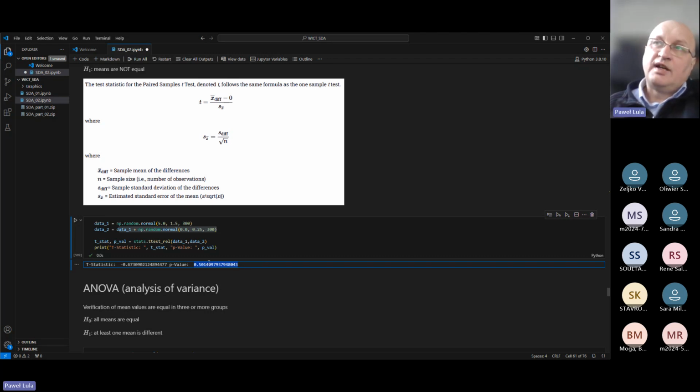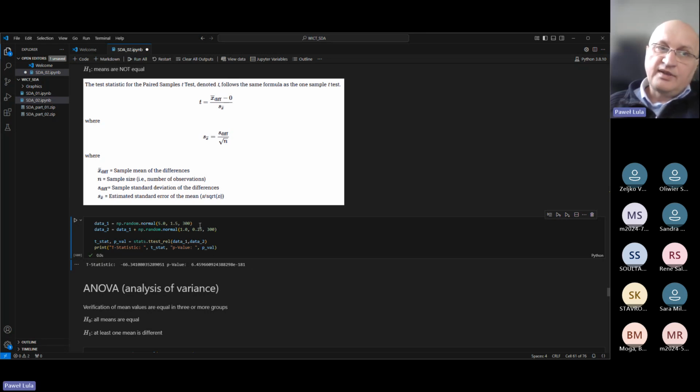And for this data, we have no reason to reject this hypothesis, because these values which I added to those which we had at the beginning are from a normal distribution, and the average value for this difference is 0. But when we change it to 1, we see here this p-value is very small.